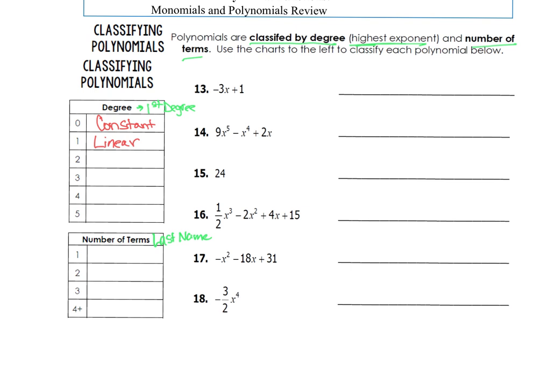If our degree is 2, we just spent all last unit dealing with things where x was squared, a degree of 2, and that was called a quadratic. So that's its first name if your degree is 2. If our degree is 3, if the highest exponent is 3, we would call that cubic for the first name. If our highest exponent is 4, we would call this quartic.